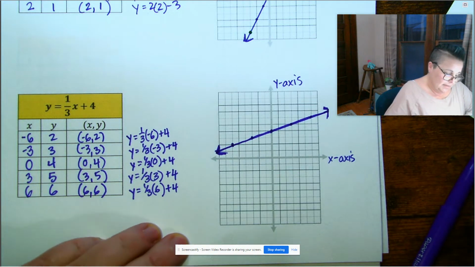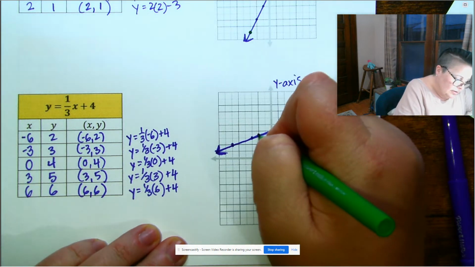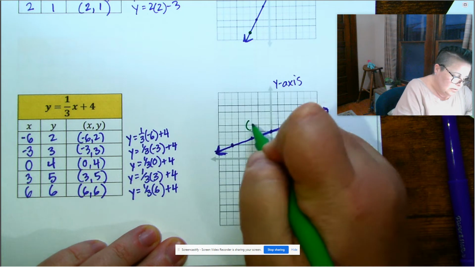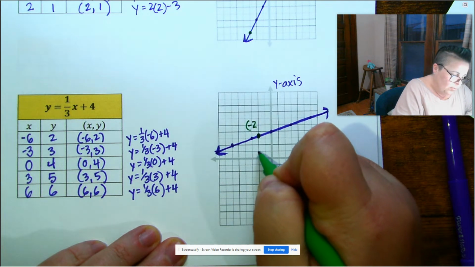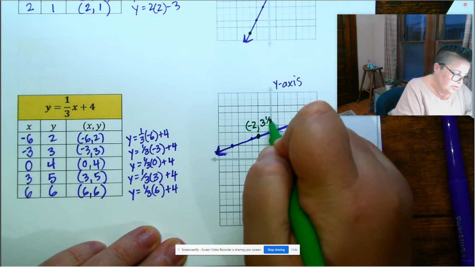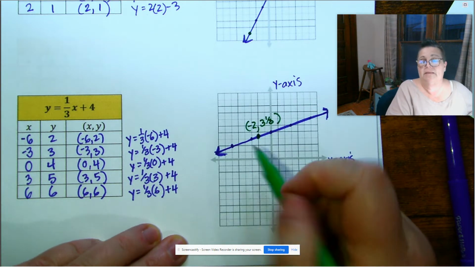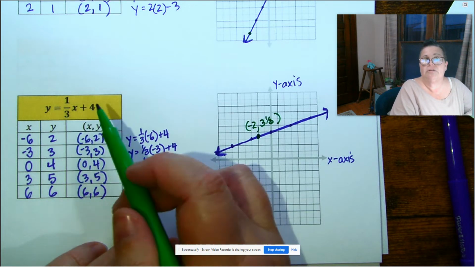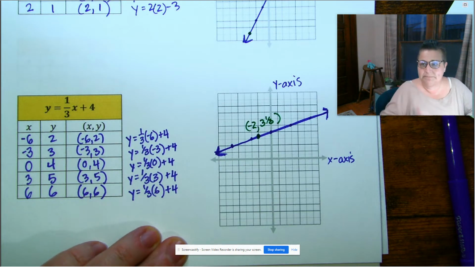So what does that mean? That means that this point right here, which is like a -2, and then up 1, 2, 3 and a third. I'm guessing it's close to 3 and a third. That this point, -2, 3 and a third, will be a solution to this equation. It will work in that equation.